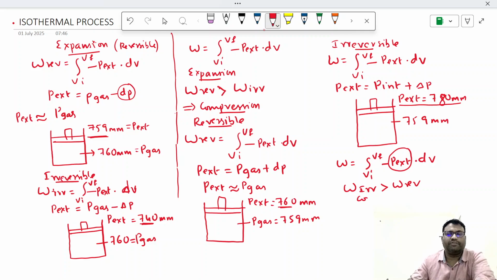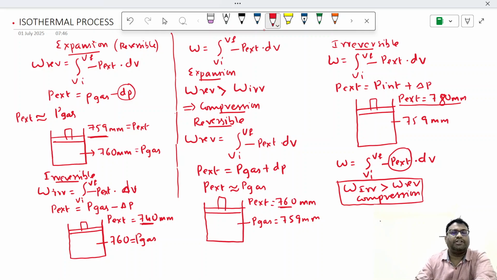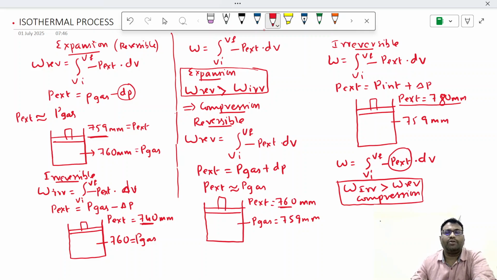So these two things you need to remember. These two things are asked in the examination. What are those? Work done during a reversible process is greater than work done during an irreversible process in expansion, whereas in compression it is opposite. Work done in the irreversible process is greater than work done in the reversible process.